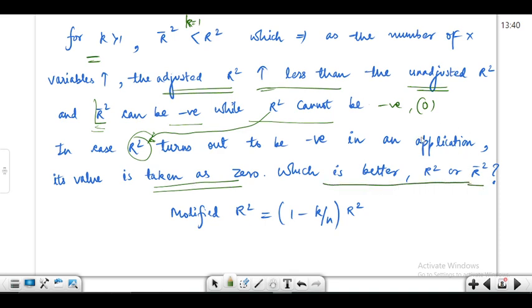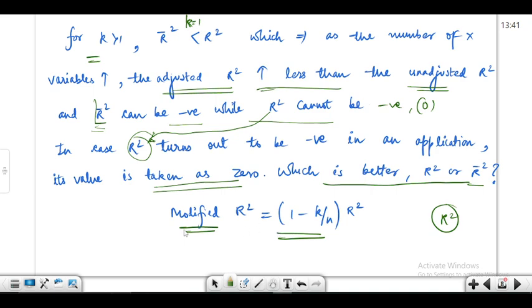We just discussed that. And okay, if you somewhere cannot calculate your R bar square, then there's also a term called modified R square, which is also somewhat better compared to your R square, because it can equally be used to check for the goodness of fit.